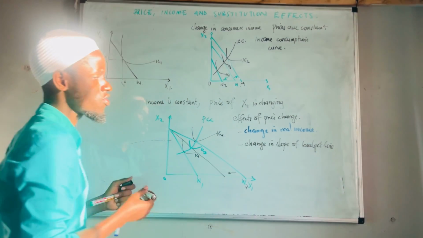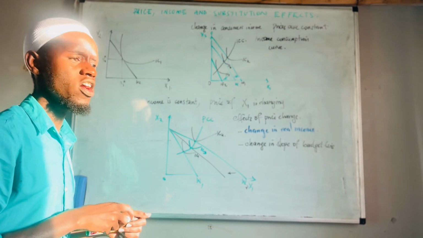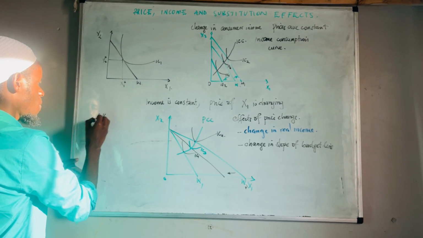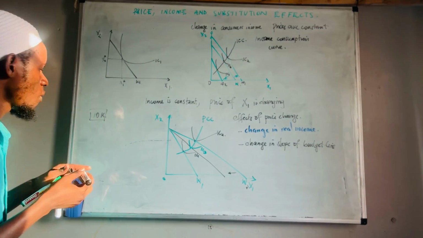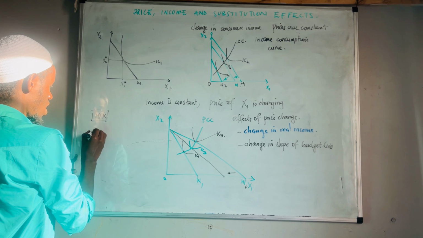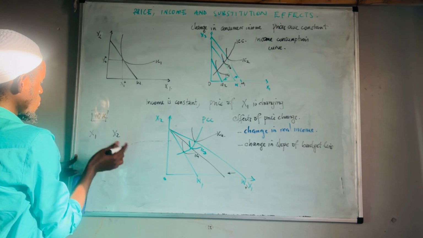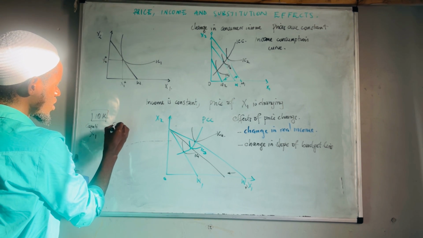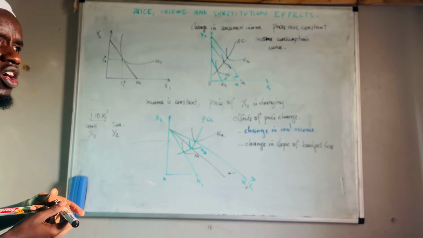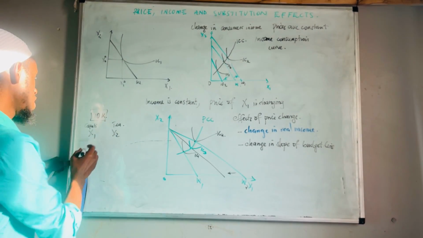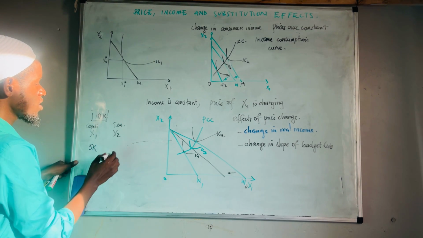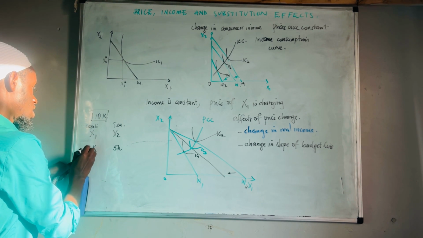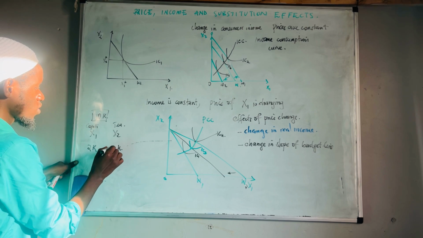Now, for change in real income, let us take a case. You have 10K as your budget, and we have two commodities. Let us have commodity X1 and then X2. Let us call X1 raw chapati, and X2 tea.